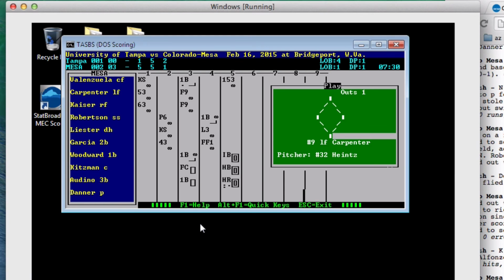I'm going to go ahead and put a runner on first base, and let's just say we have a good old-fashioned rundown as he tries to go to second, and so the catcher goes to the second baseman.